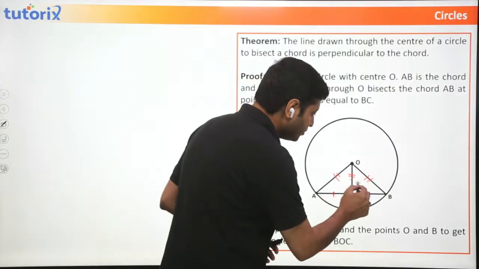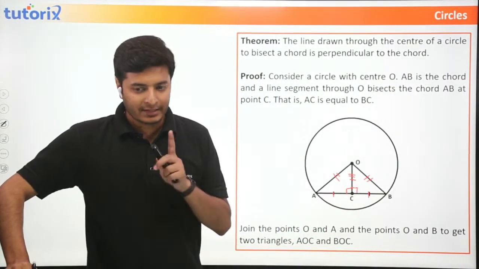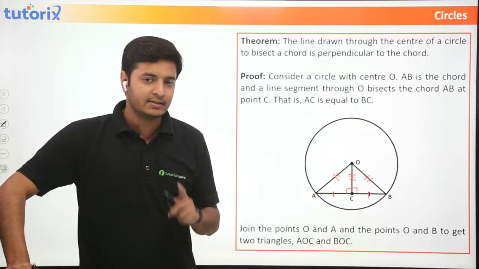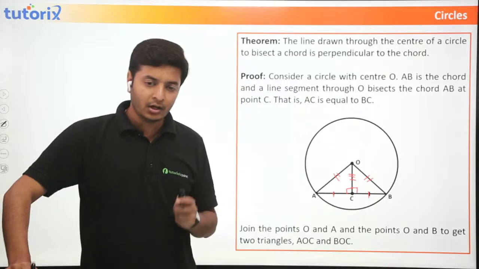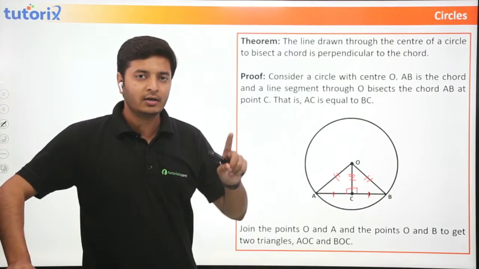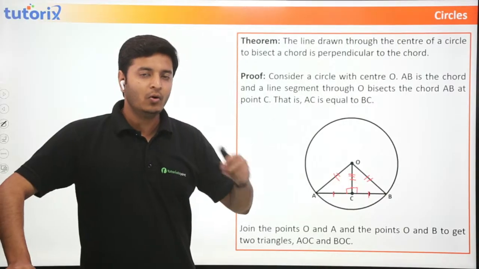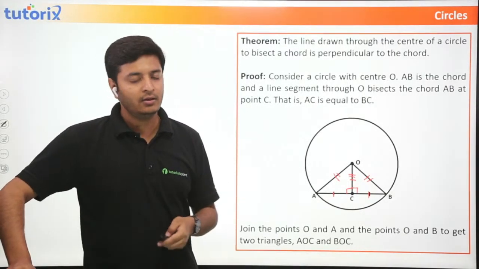And this side is common, so it is equal. So we can use SSS congruency. SSS stands for side, side, side. According to that criterion, if all three sides of one triangle are equal to all three corresponding sides of another triangle, then the two triangles are congruent.